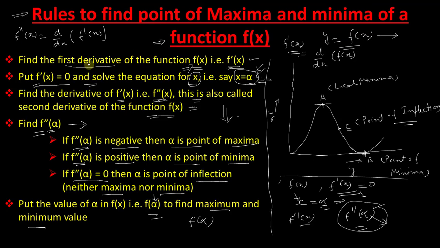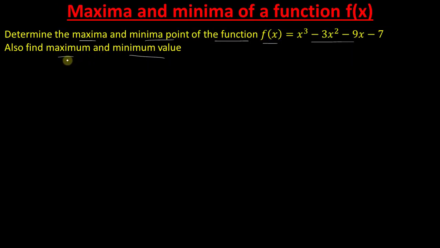What it says is, first find the first derivative of the function, f dash x, which is d by dx of f(x), that is d by dx of x cube minus 3x square minus 9x minus 7.